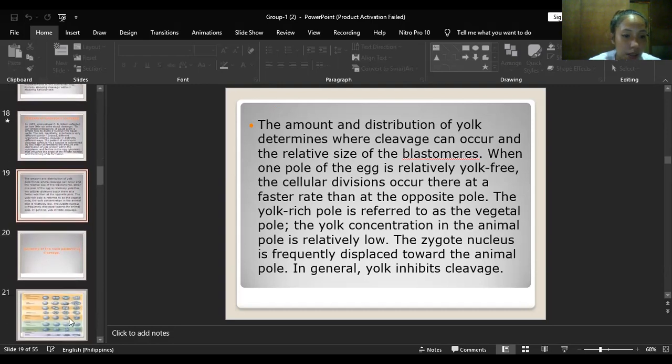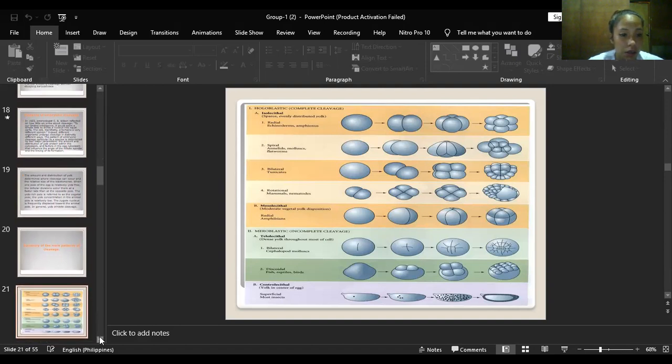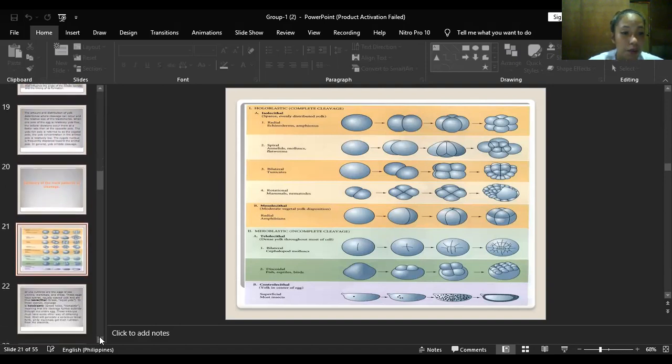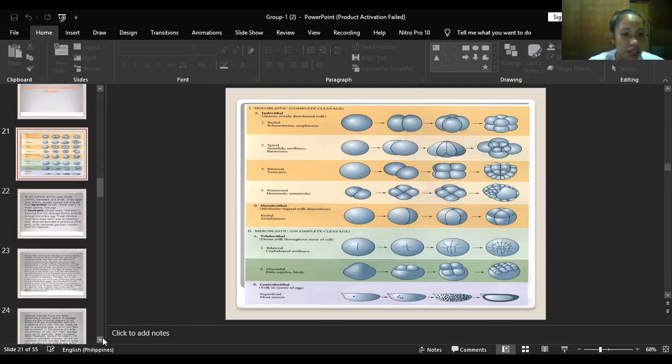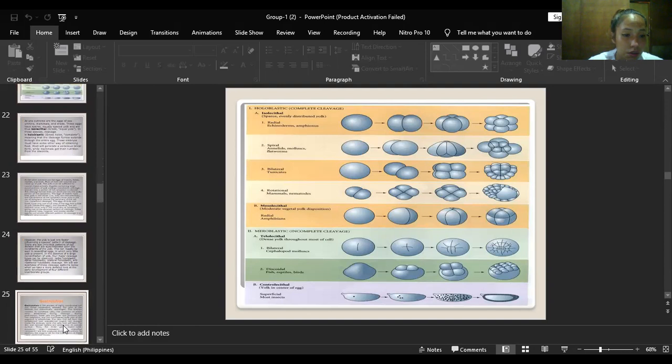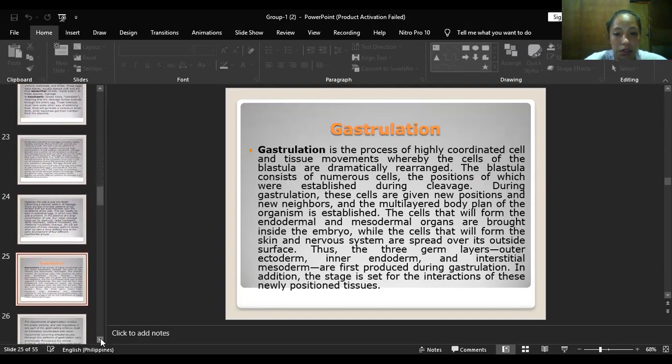Here we have the complete cleavage. You can check that for your reference. Now let's go on to the next one.